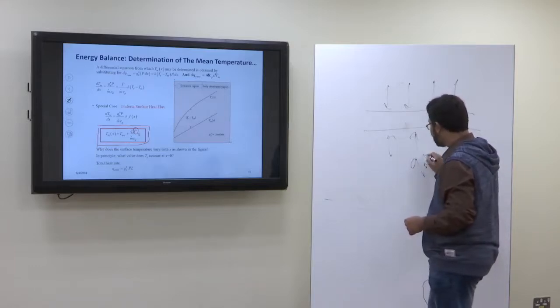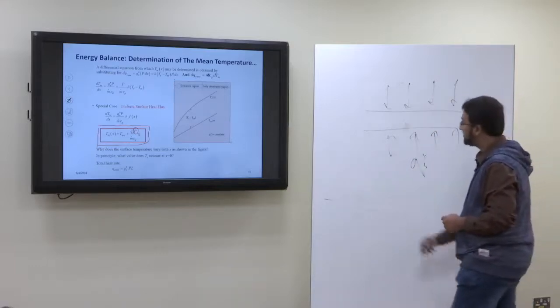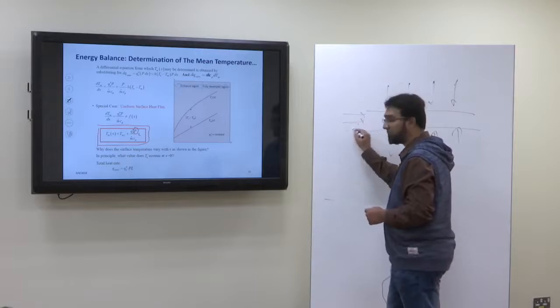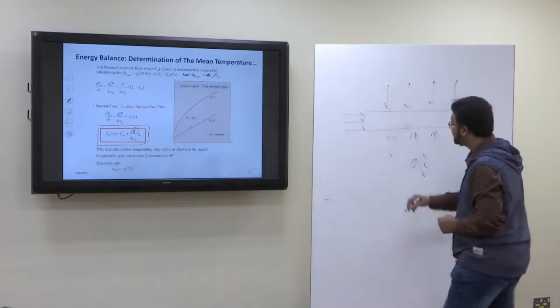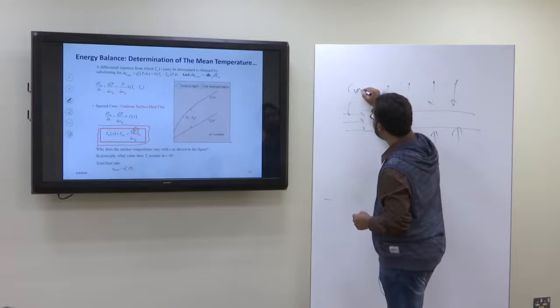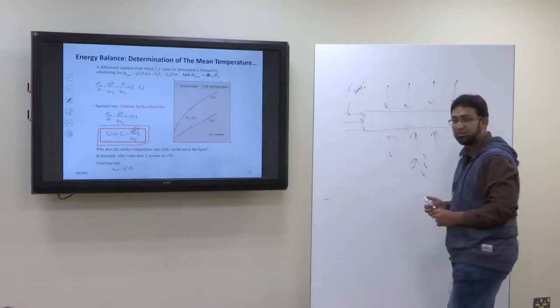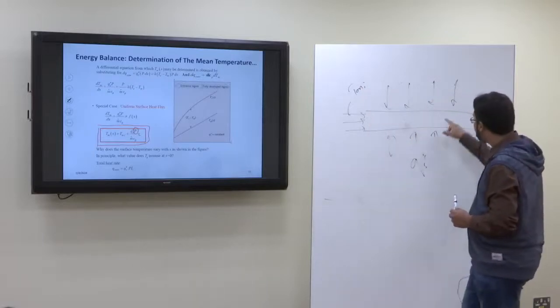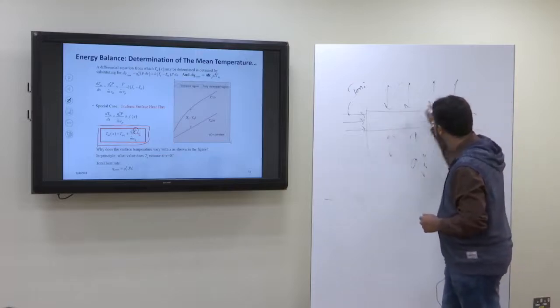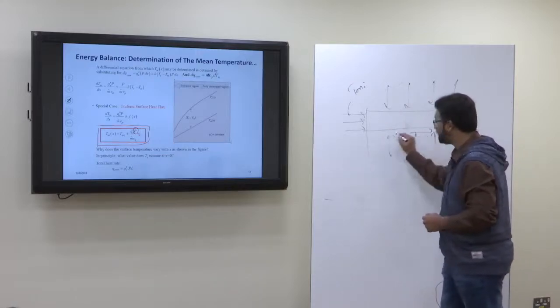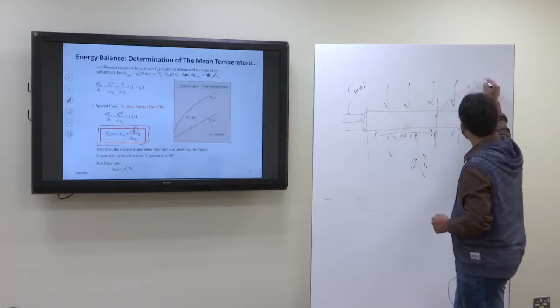That is Qs double dash. The heat flux is constant and the fluid is flowing inside the pipe. Suppose I know the T mean inlet, the mean inlet temperature. Now if I want to know, after passing a length of x meters, what is the T mean temperature here?